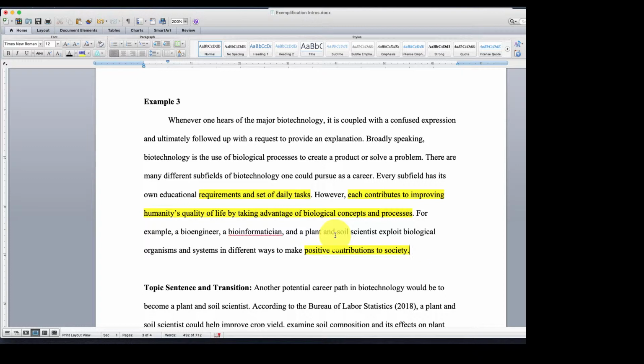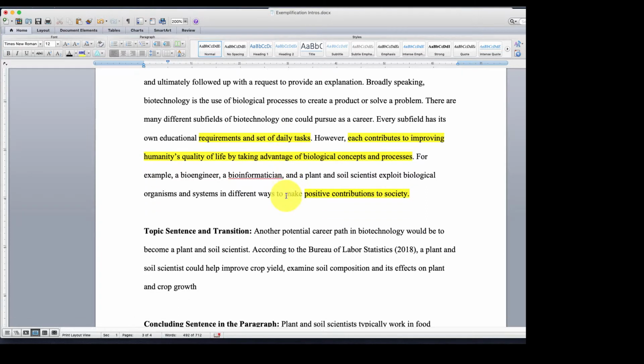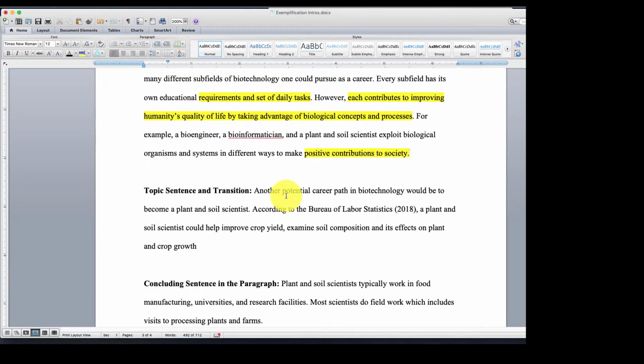And he's even let you know that the educational requirements and set of daily tasks are going to be different, but you can tell that this is going to be mentioned in each section. So what I did for this paper is I didn't use the first paragraph, I used the second one.